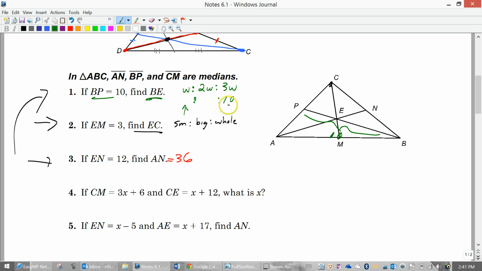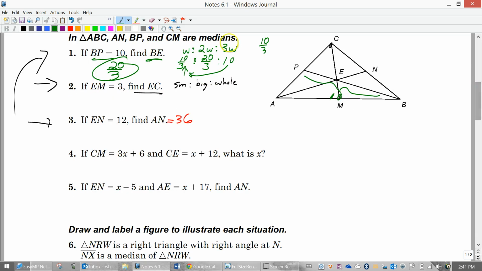So in order to go from the whole thing to the small, we could do 10 divided by 3, right? To give us what W would be, that would be the small part. And we want to know what the big piece is. It's twice the size of it. So it's 20/3. So BE is 20/3. Okay, let's go to the next one.